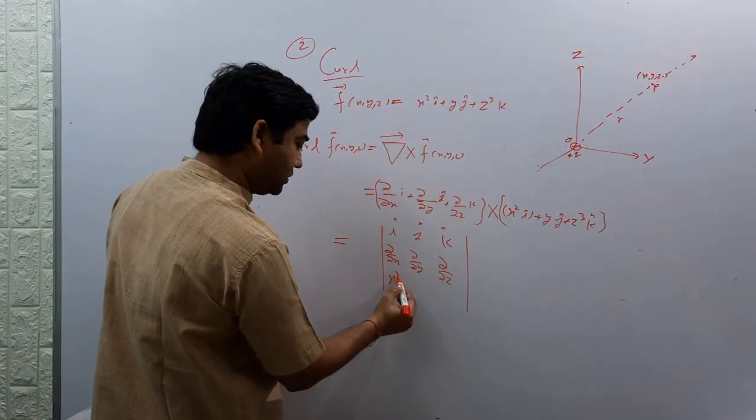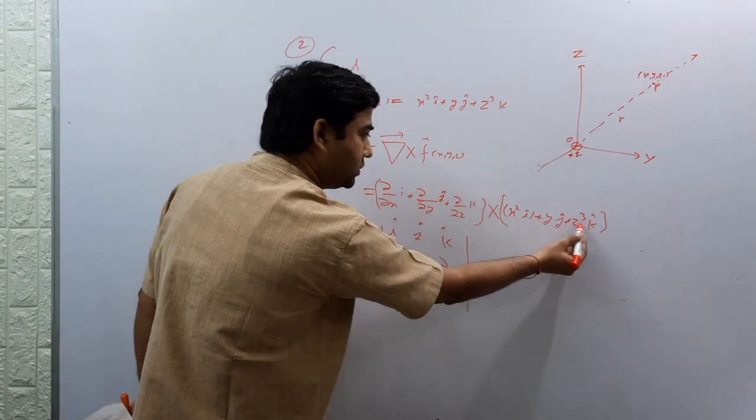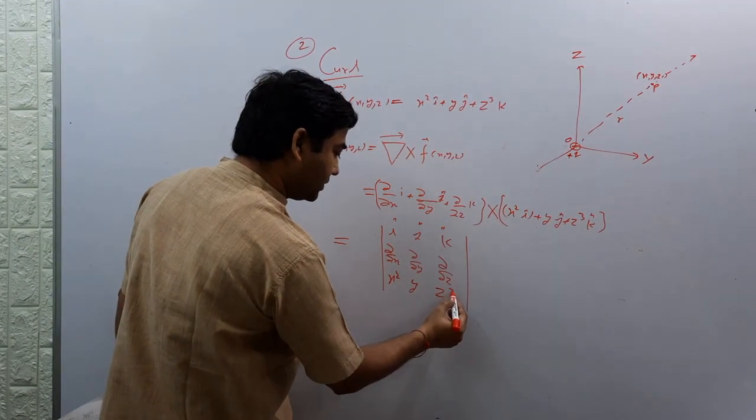Coefficient of i is x square, coefficient of j is y, coefficient of k is z.